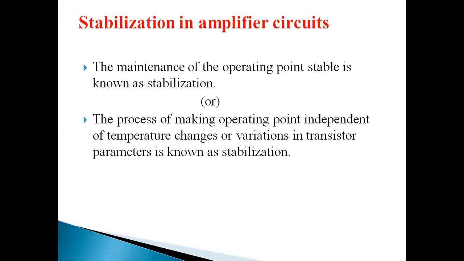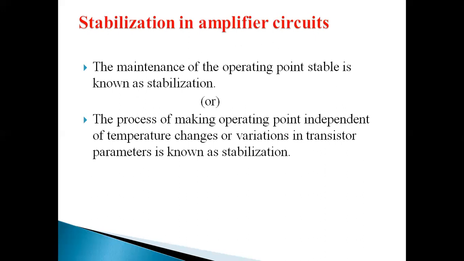First one, the temperature dependence of collector current. That is, the collector current of the common emitter amplifier can be given as beta IB plus (1 plus beta) ICBO. That means it is going to depend upon two values, current gain as well as reverse collector leakage current, that is ICBO.